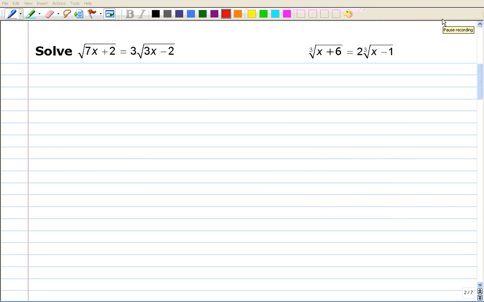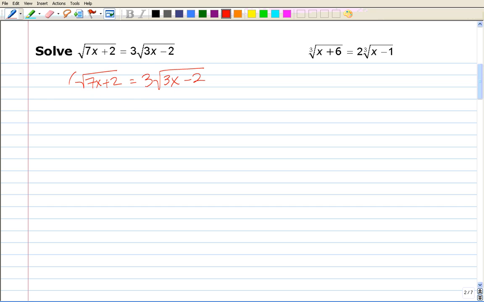Okay, now let's solve these. You'll notice that this time we have radicals on both sides of the equation, and that's okay. So I have the square root of 7x plus 2 equal to 3 times the square root of 3x minus 2. I don't want to divide both sides by 3, because then I would have multiplying by a third, so it doesn't make any difference to move the 3 from one side to the other.